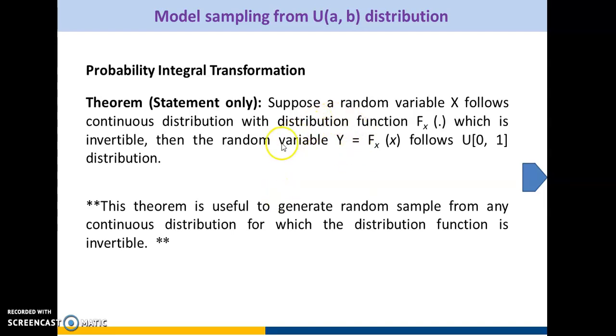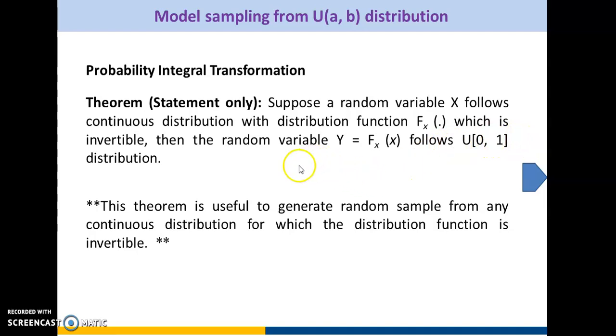This theorem is stated as: suppose a random variable x follows a continuous distribution with a distribution function F(x), which is invertible, meaning you can find this distribution function for that particular distribution. Then the random variable y equal to F(x) follows the uniform distribution over (0, 1).